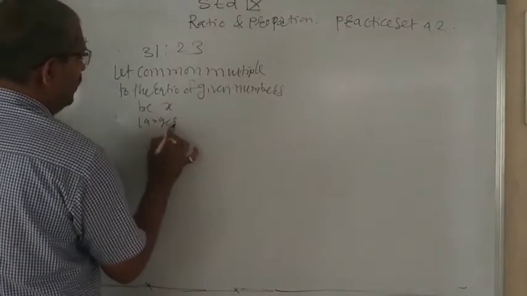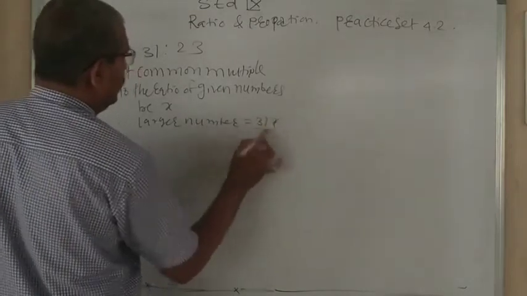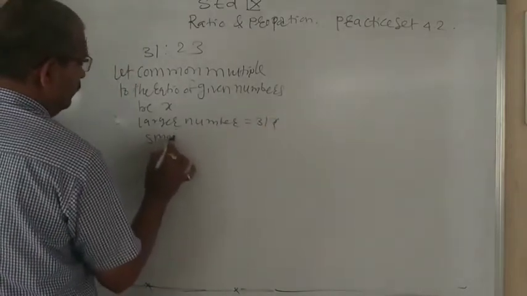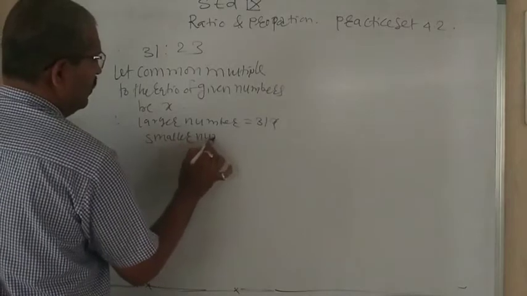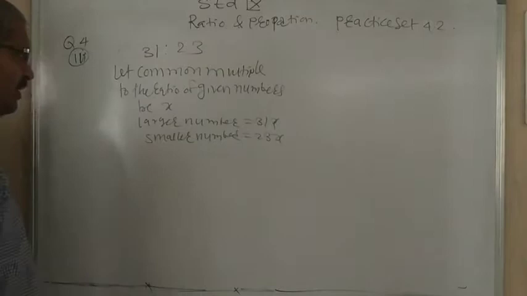Therefore, the larger number is equal to 31x, and the smaller number is equal to 23x.